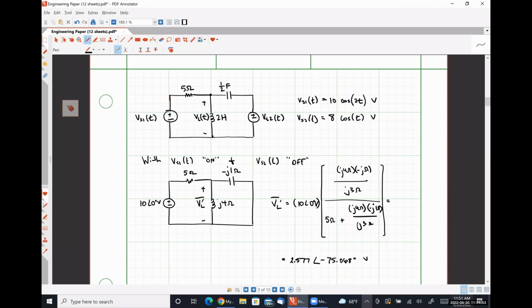All right. Now we would analyze the circuit with VS1 off and VS2 on.